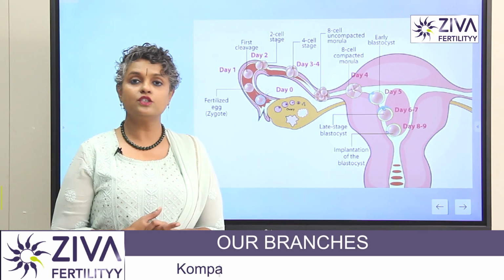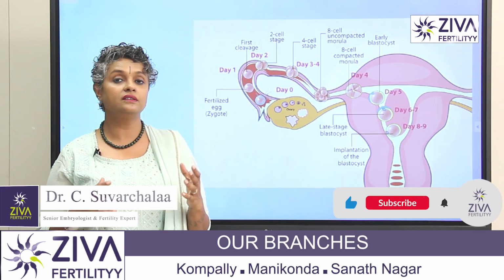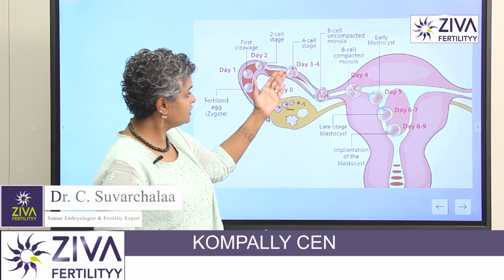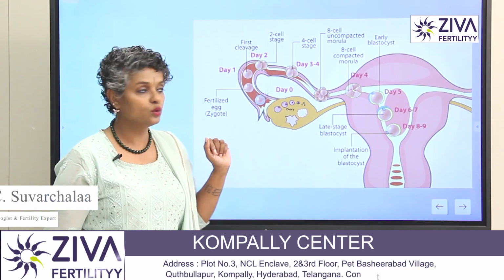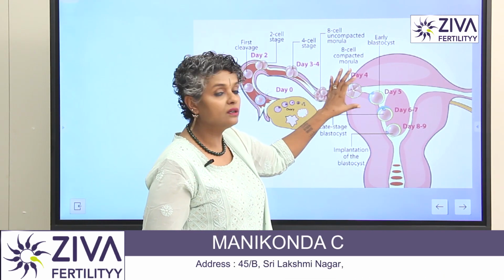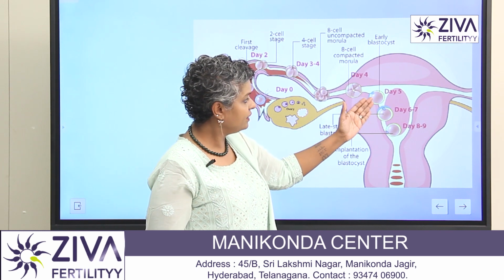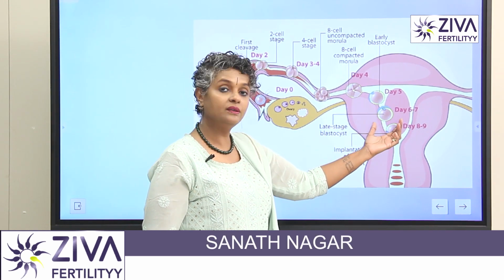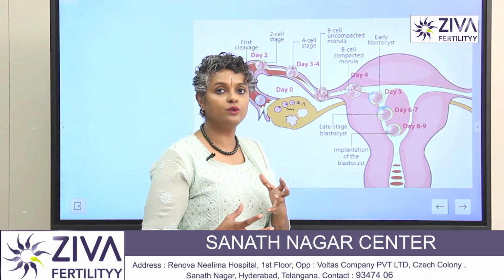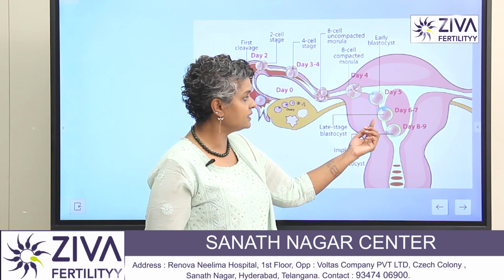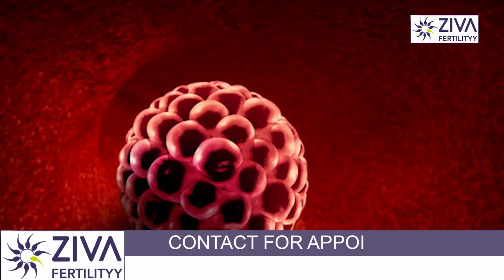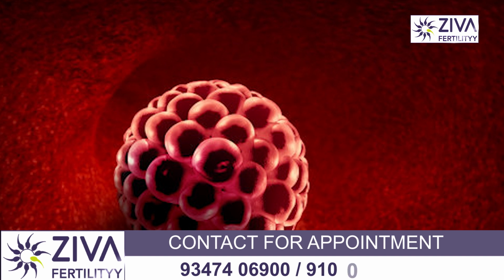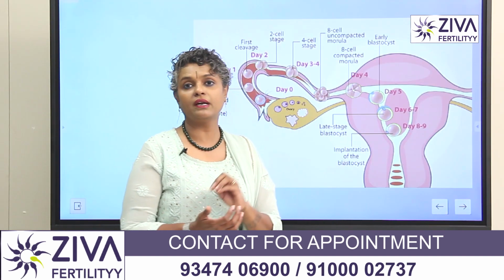On day 3, there should be 6 to 8 cells, and this is a stage in which it is still inside the tubes. Around day 4, it comes to the mouth of the uterus, and around day 5, it moves into the part of the uterus which is most conducive for implantation. Around the 6th day, it attaches itself to the wall of the uterus. Then around the 8th or 9th day, the implantation occurs.